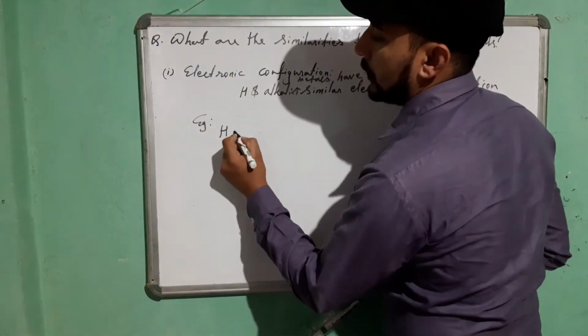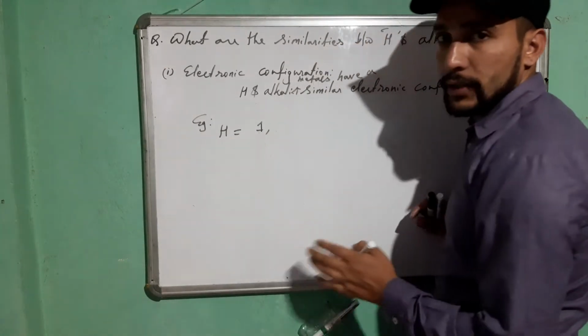Example, electronic configuration of hydrogen is 1. It has only one electron.